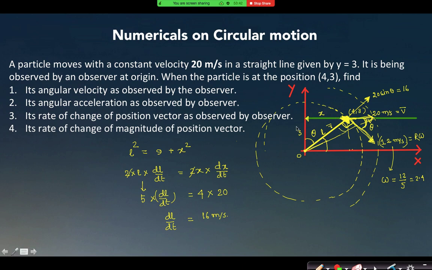So this is a path that you can say is a part of a very large circular path. So in that way, I can always understand that circular motion is everywhere. In all types of two-dimensional or one-dimensional motion, you can actually insert the concept of circular motion.